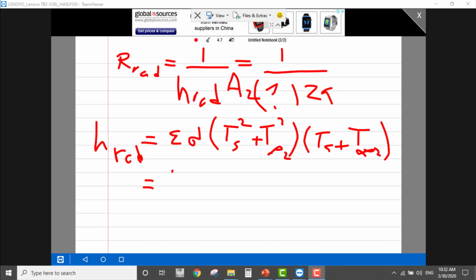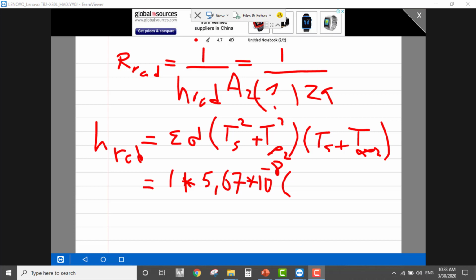And this is equal to 1 multiplied by, because we have here a black surface, which means the emissivity equals 1, remember, multiplied by sigma, which is the Stefan-Boltzmann constant, equal to 5.67 multiplied by 10 to the minus 8, and here T surface, in the statement of the problem, it was 5 degrees Celsius.